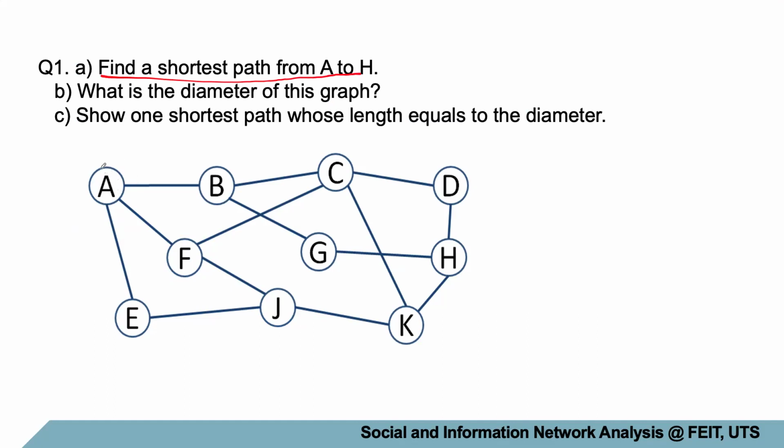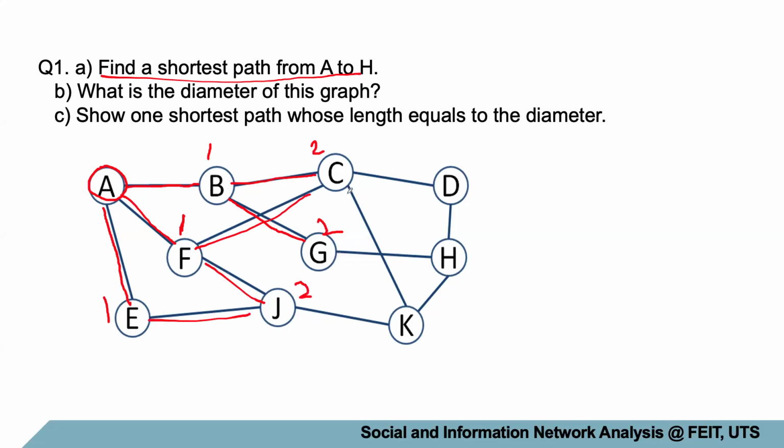So if we start from A, the first step we go to E, F, B, which is distance 1. At distance 1, we can reach these neighbors, and then we go to the neighbors' neighbors. So from B to C, distance 2. B to G, distance 2. F to C, here. F to J, distance 2, E to J.